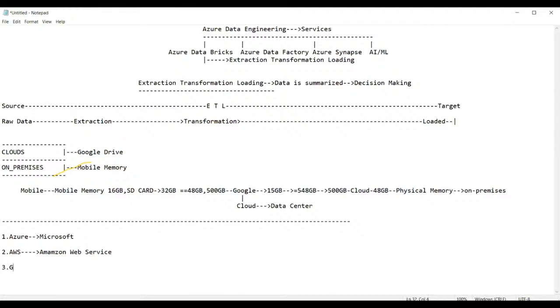The third one is Google, GCP, which stands for Google Cloud Platform. Google Cloud Platform. Then we have Alibaba, a China-based cloud provider.